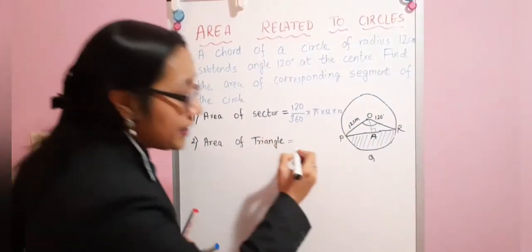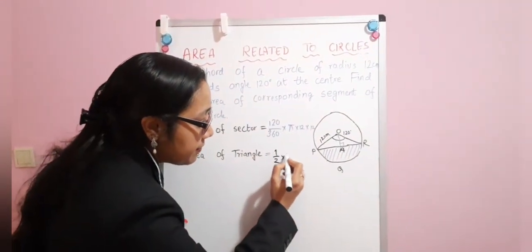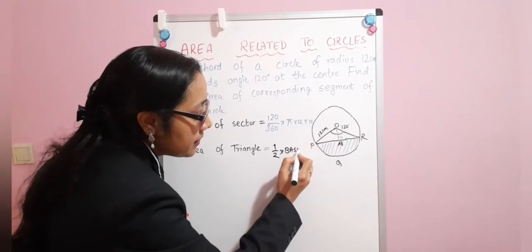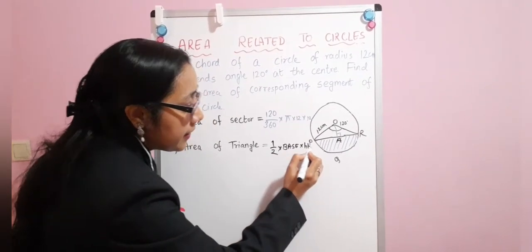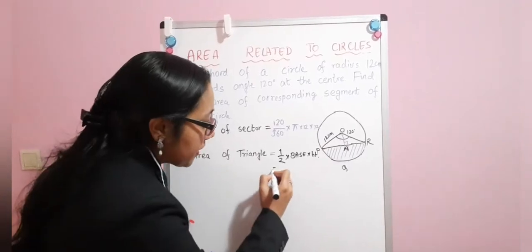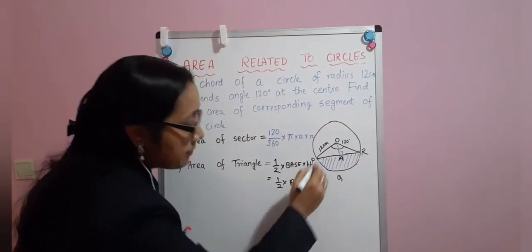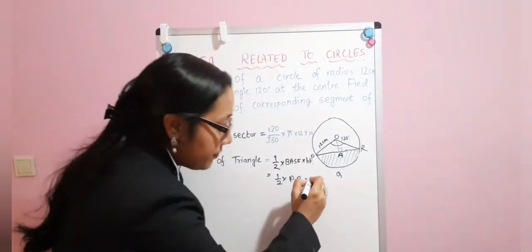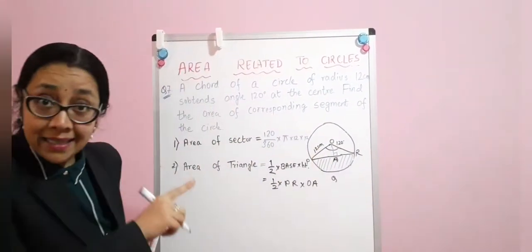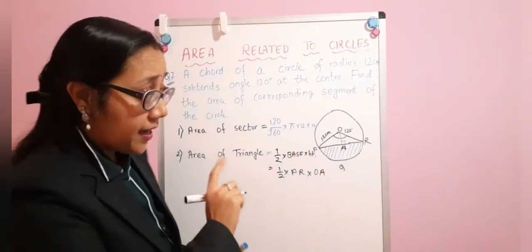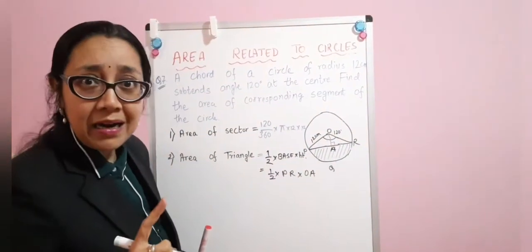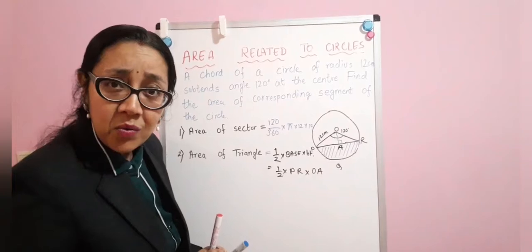So how can we calculate? Half times base times height, so half times PR times OA. Now in this question, take a note that neither PR nor OA is known.